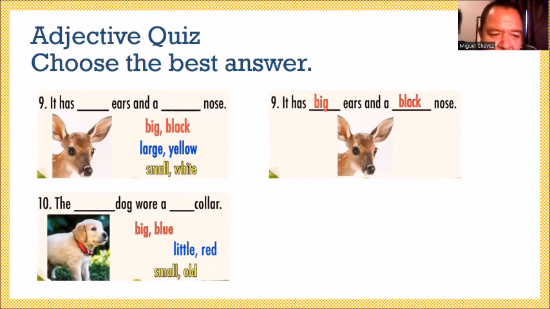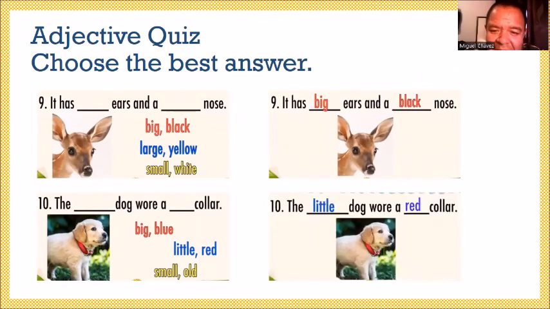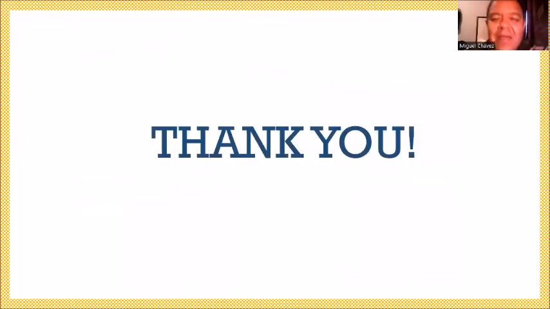Look at the picture, please, to choose the best alternative. The little dog wore a red collar. Yes, excellent. Thank you so much. Okay, thank you so much for your participation and your attention to this application. Thanks a lot.